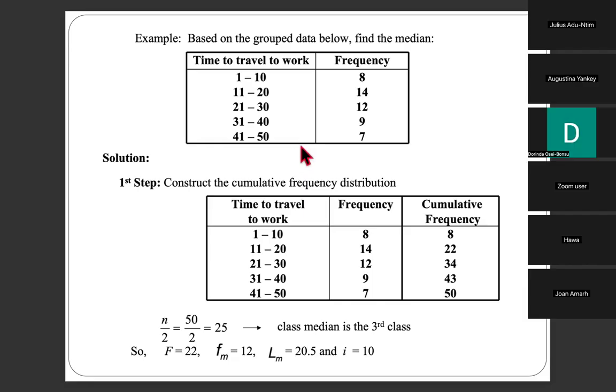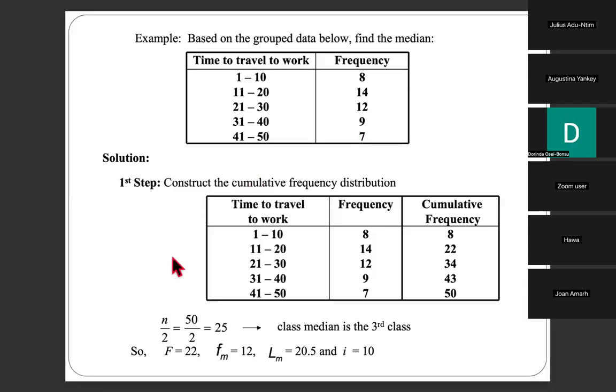Over here, when we add all these, we get what? 50. And you can see that these have already been arranged in order. The travel times have been arranged in order.